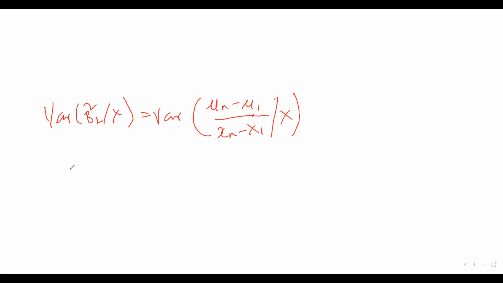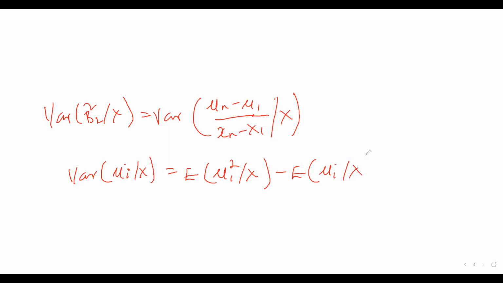You know that the variance of ui given x is equal to what? Expected value of ui square given x minus the expected value of ui given x all square. Now this is this. You know that this is equal to sigma square, right? So we know this.